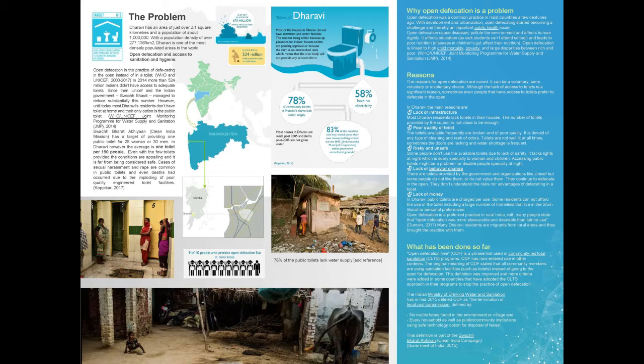But the most important problem is the lack of behavior change. Even if they get government toilets, it doesn't mean everyone is willing to use them due to the quality of the infrastructure, and lack of funding is definitely another issue for the local context.